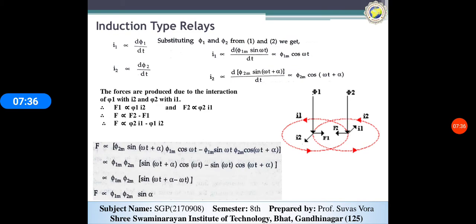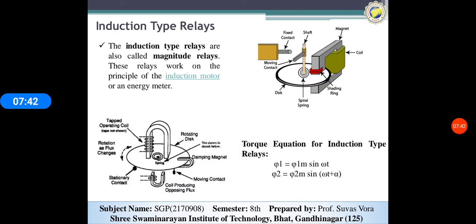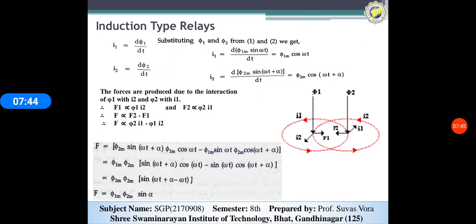Putting our above equations for phi 1 and phi 2, I1 is directly proportional to the derivative of phi 1 sin omega t by dt. It means I1 is proportional to phi 1 cos omega t, and I2 is proportional to phi 2 cos(omega t plus alpha).